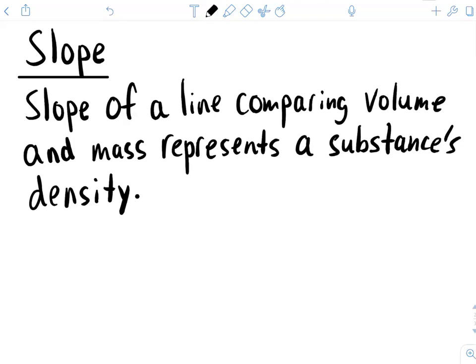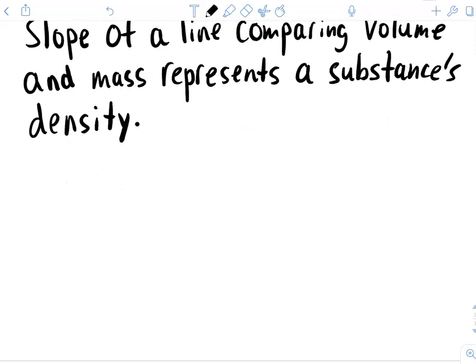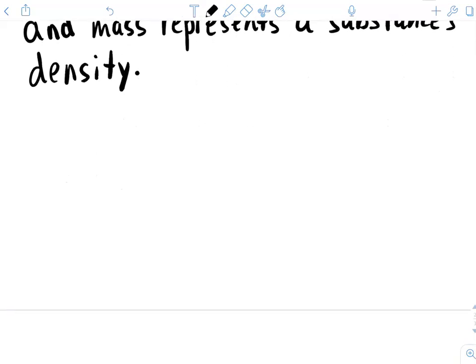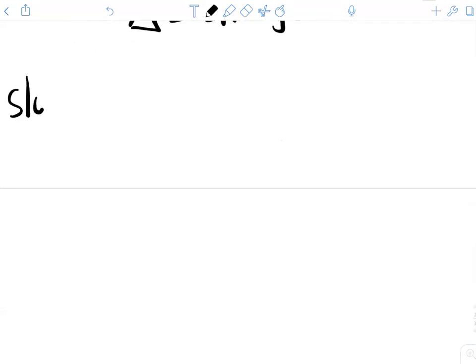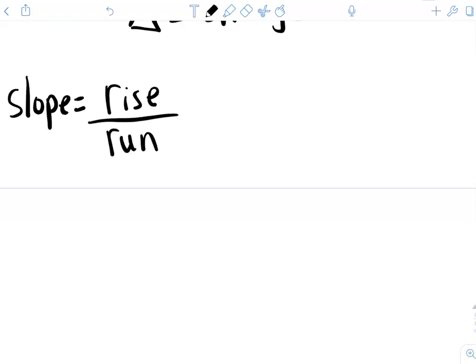Well, we're going to go through and we're going to look at this as an equation. And one thing that I want to note, anytime that you see a triangle, that represents change. So if I'm looking at slope, we just said that slope is rise over run. Well, if I am rising, that's going to be on my y-axis of the graph, right? I'm going up or down.